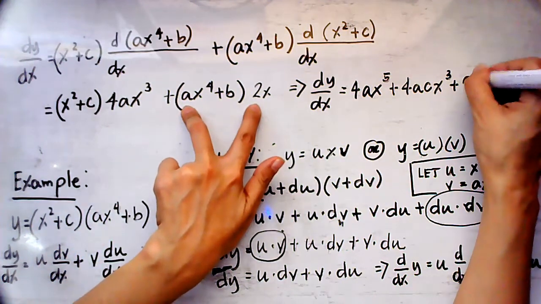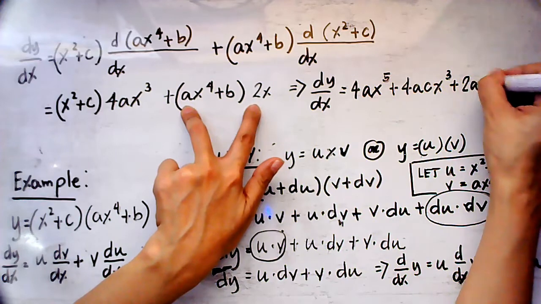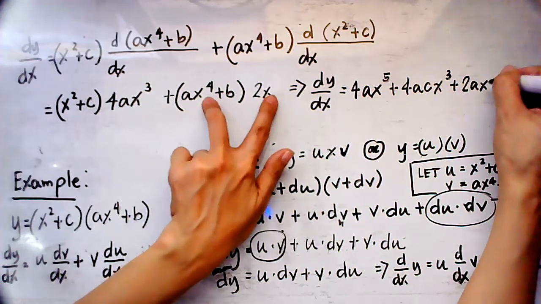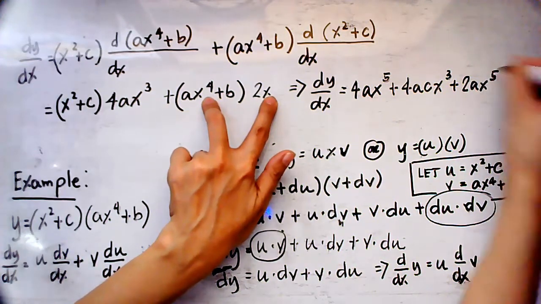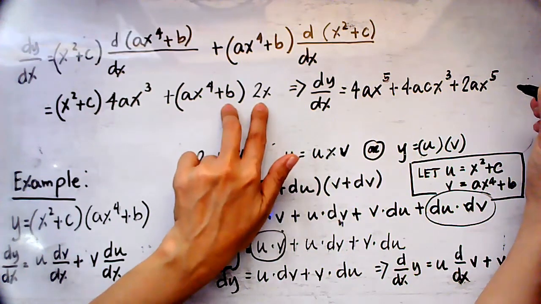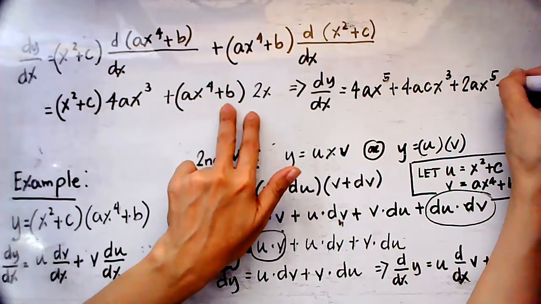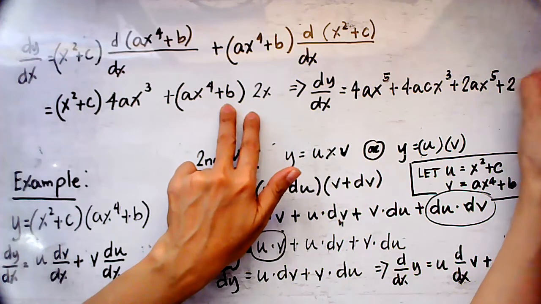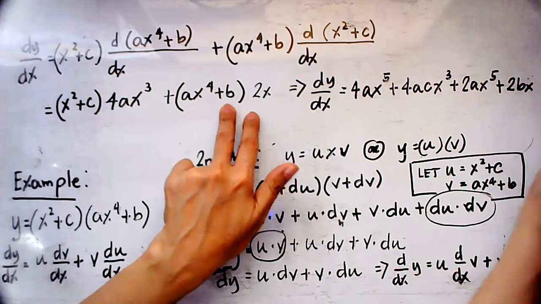So that would be 2ax raised to the 5th power, plus 2x times b is equals to 2 times bx.